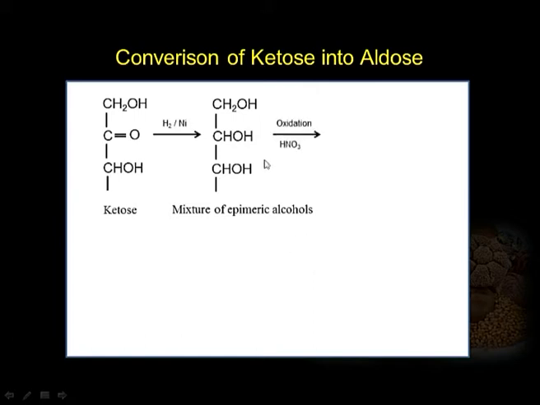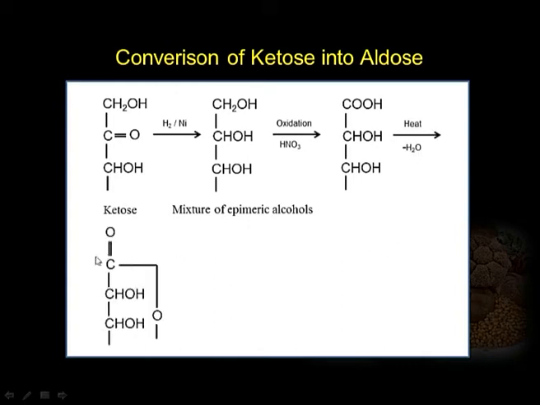Then these alcohols are subjected to oxidation with dilute nitric acid. Primary alcoholic group gets oxidized into carboxyl group. Then heated, loss of water, we get the cyclic lactone, and then these lactones are reduced with sodium amalgam and we get corresponding aldehydic group.